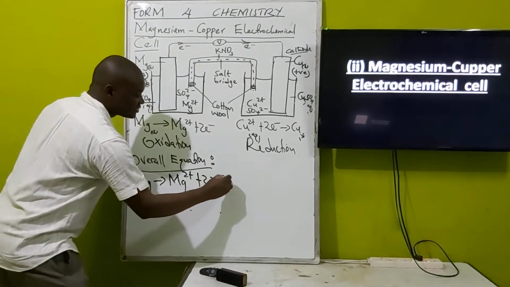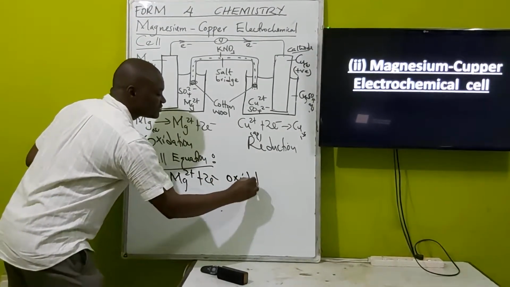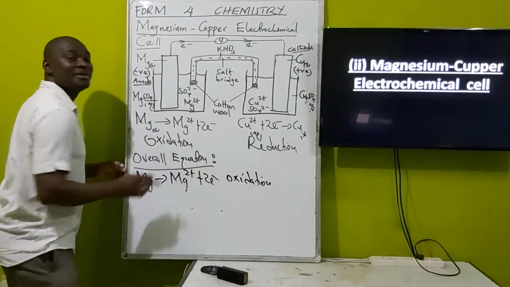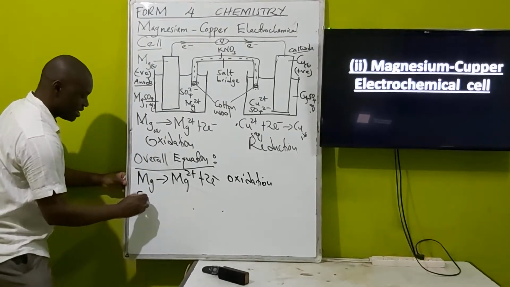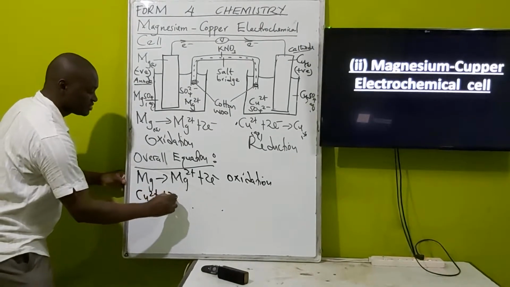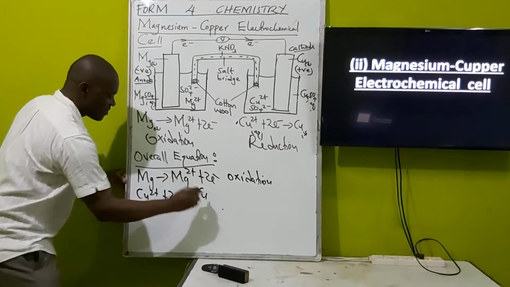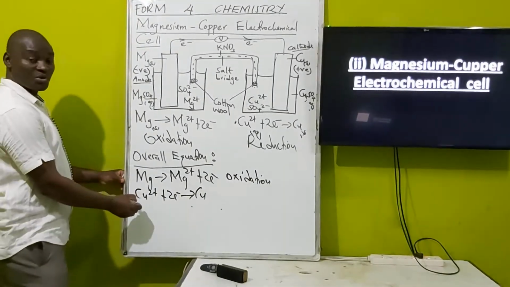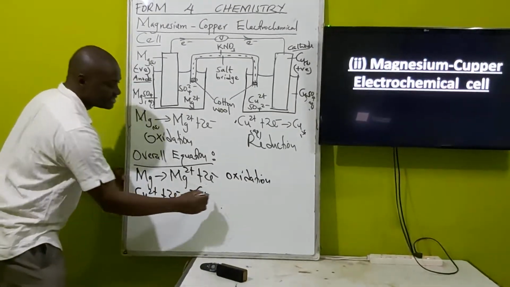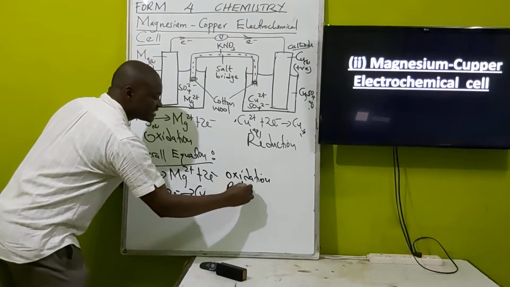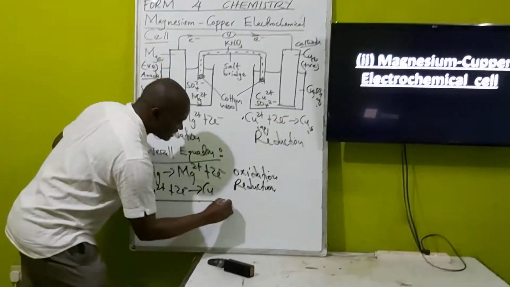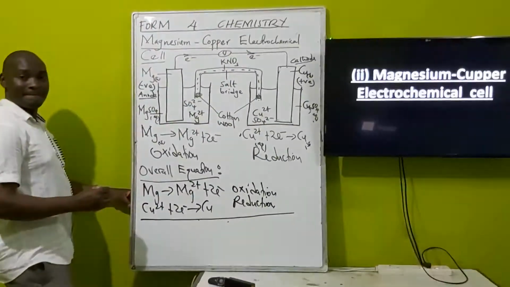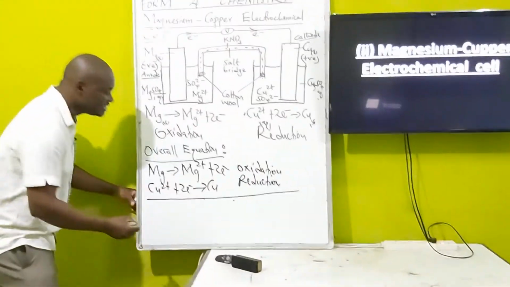We combine, so this one is the oxidation process, with the what? Reduction process, where copper 2 gains 2 electrons to form copper. This one is the reduction equation. Then we add them the way we did last time.